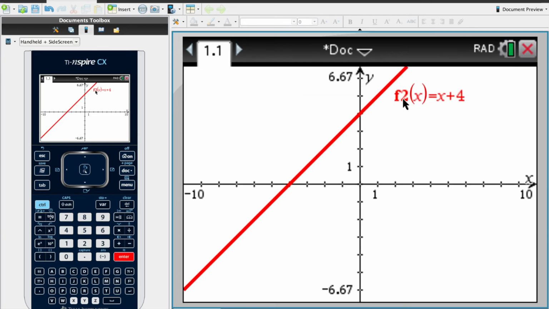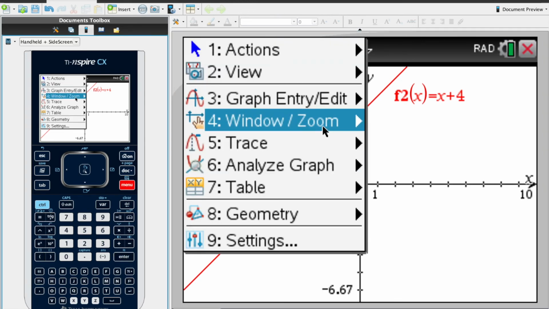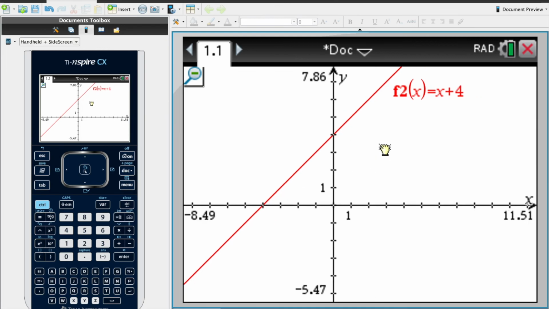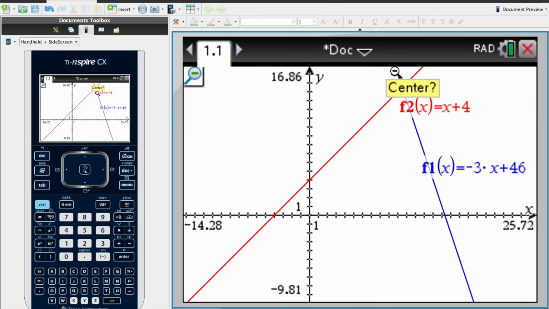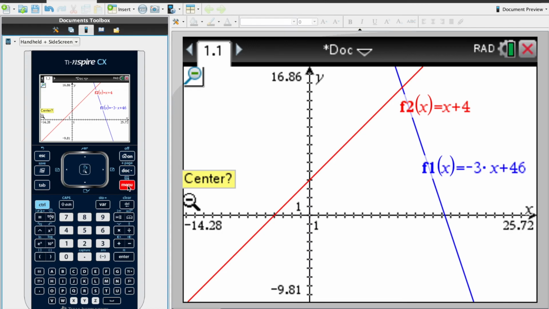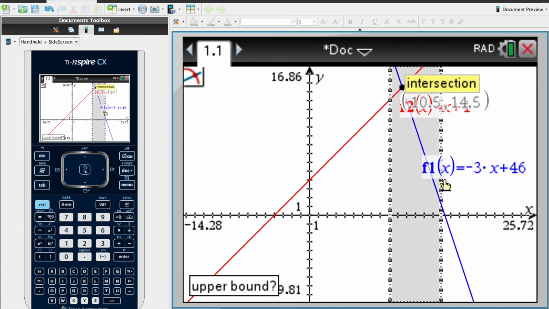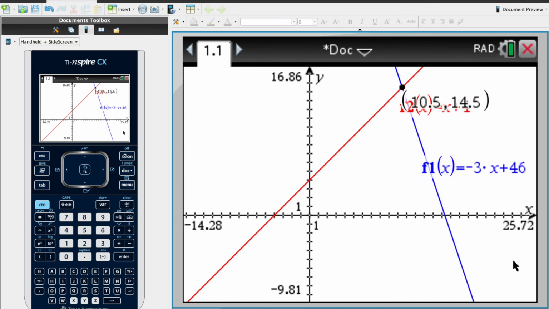One of these graphs is actually off the screen, so we're going to have to resize this a little. Zoom out. I'm not sure if zoom fit will work all that well, but let's see. Okay, there we are. There's the point of intersection. Let's analyze graph, find the point of intersection, and it's 10.5, 14.5.